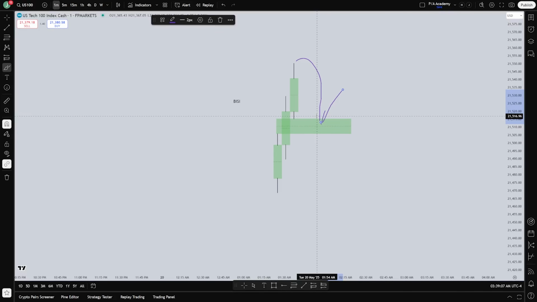That's not to say that if we fully fill it we can't still see a massive pump higher. All we're saying is that if we stay above the consequent encroachment, the chances of us getting a massive push higher are more probable. So definitely keep that in mind.